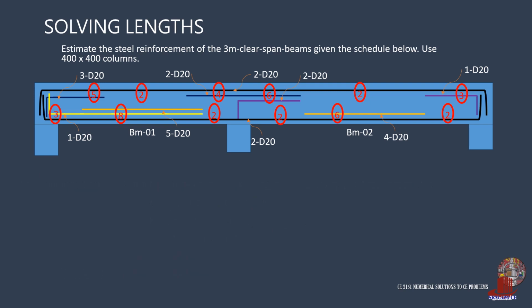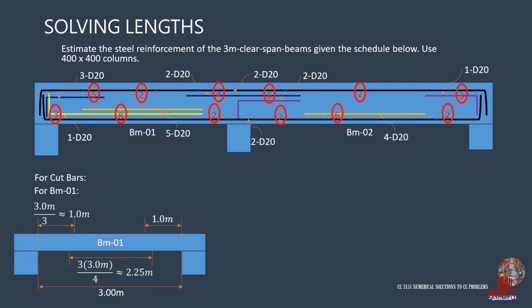Now solve for the lengths of the cut bars. For beam 1, the left top bar has a length of a third of the clear span plus the development length. This is 1,000 mm plus 50 times 20, which becomes 2,000 millimeters. So there are 3D20 of 2 meters on the left support.